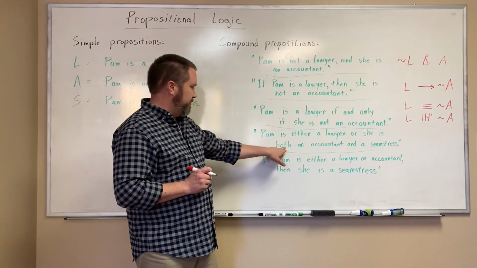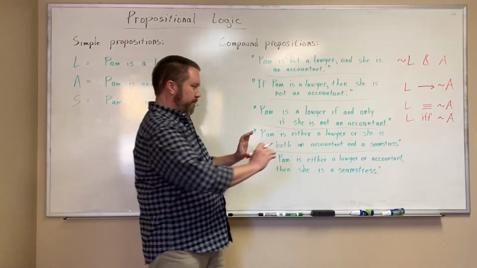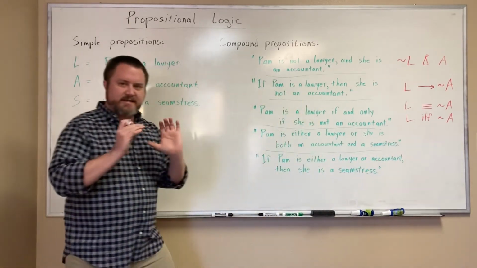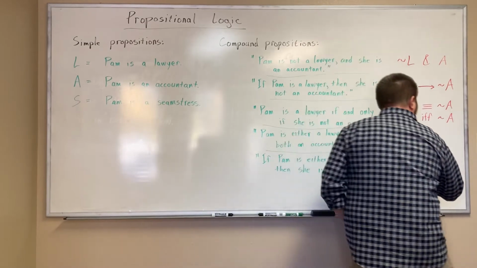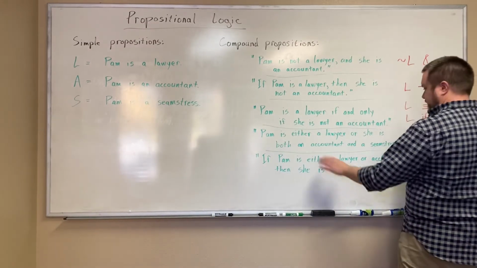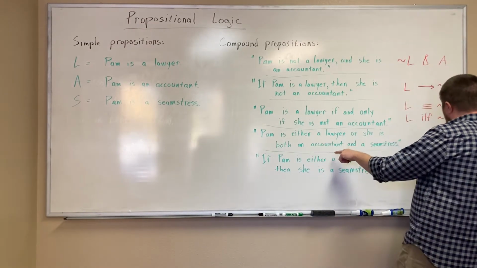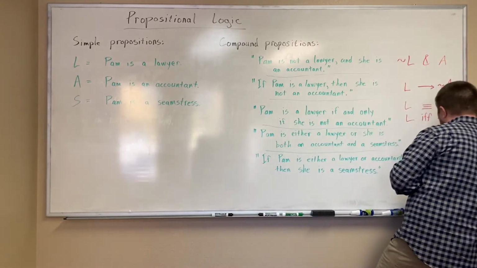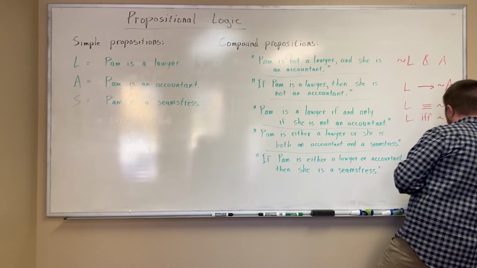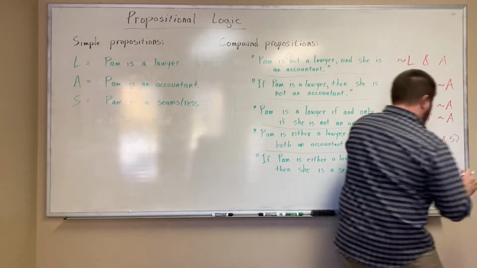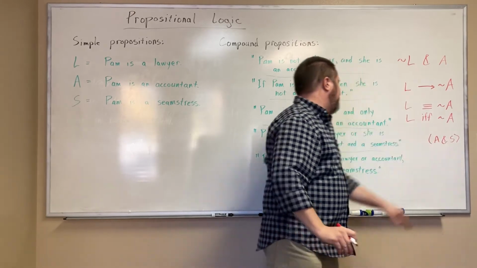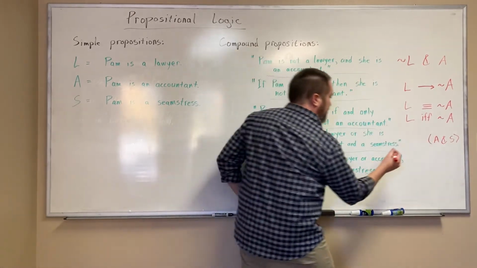So I like to use words like this, both, to show that an accountant and a seamstress go together. So I'm going to do the right side of it first. So she is both an accountant, and I'm going to use the ampersand, a seamstress. So that's the second part of the statement, A ampersand S. And those are going to be connected.